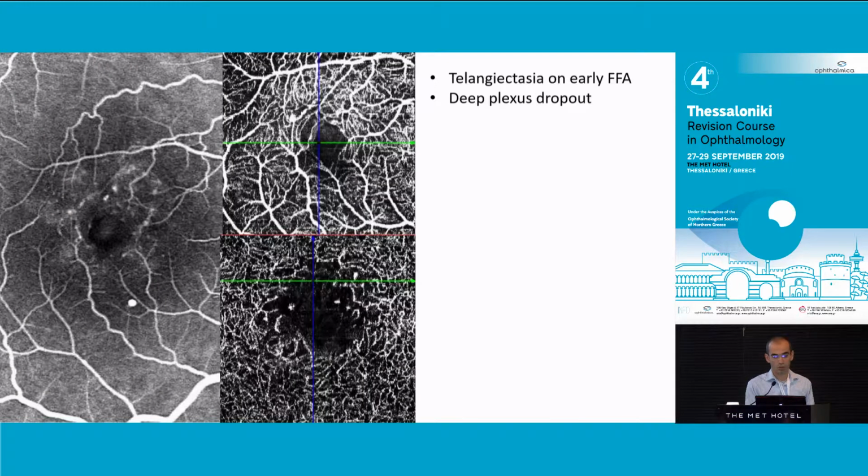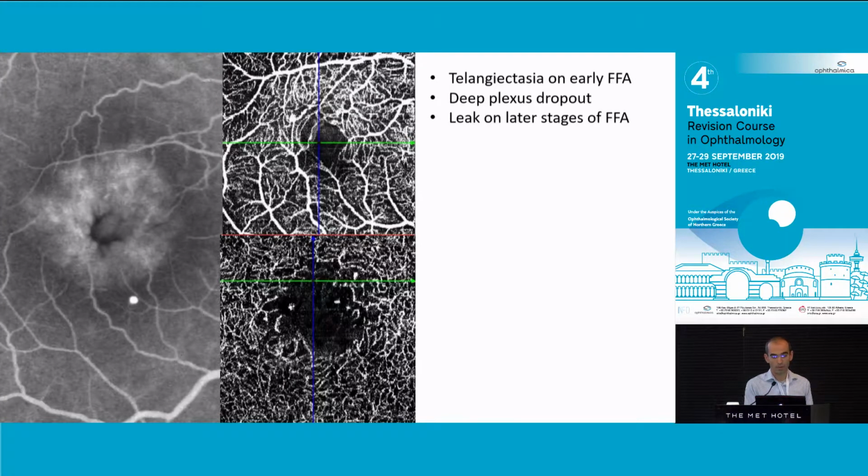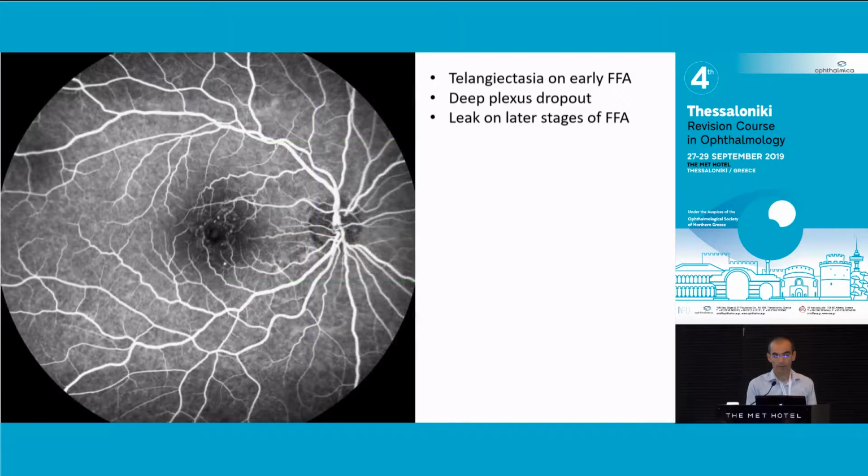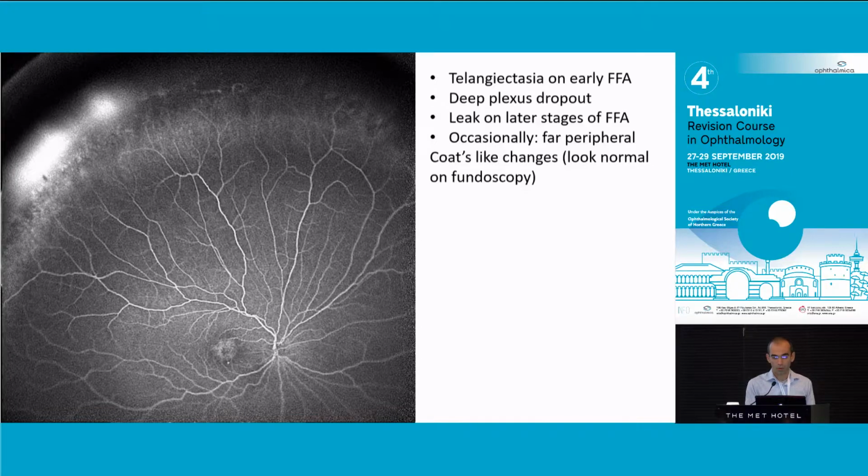OCTA will show you deep plexus dropouts. Obviously, you have the late leakage. On the more wide field images, and if you go really far out, you might find subclinical peripheral vascular changes, which supports the notion that type 1 macular telangiectasia is part of the Coats spectrum.